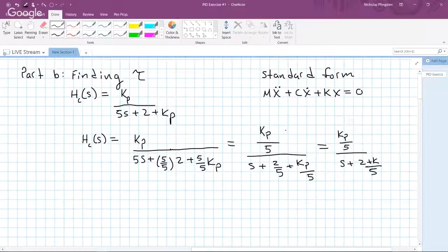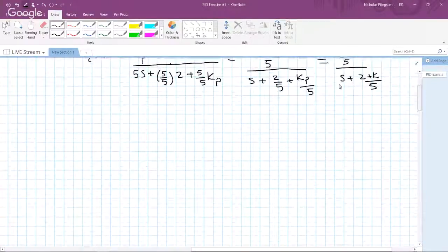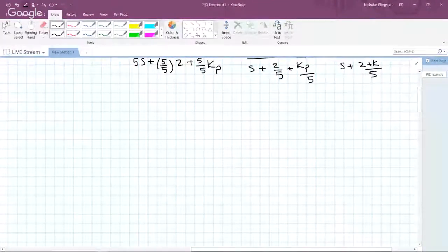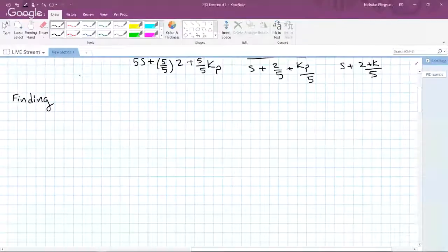So we can go ahead and solve for that pole if we wanted to. Obviously, we know what Kp really is. So finding the pole is just finding where that denominator is 0.